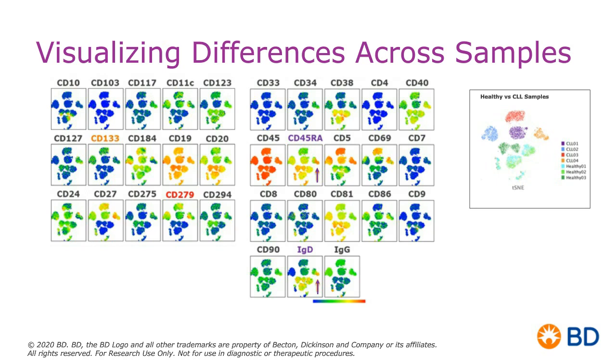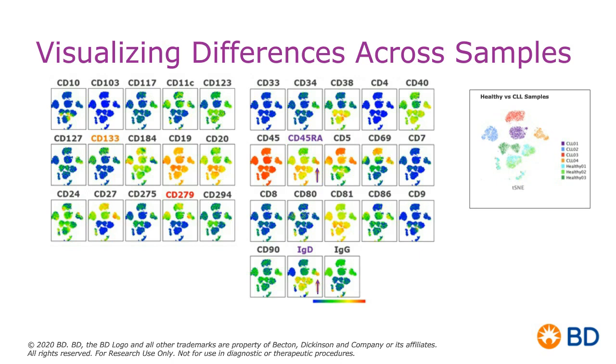Meanwhile, all of our healthy CD19 positive B cells are negative for CD279. This type of information helps us understand probably part of the reason why these CLL samples are clustered away from our healthy samples, but it also tells us a little bit about the nature of these CD19 positive cells from these CLL samples.